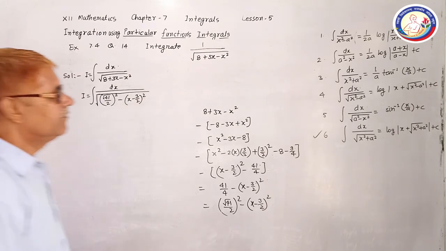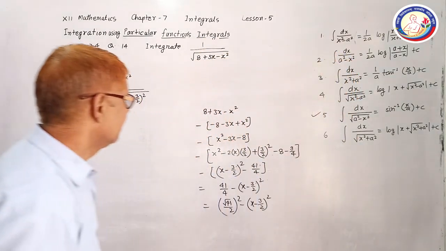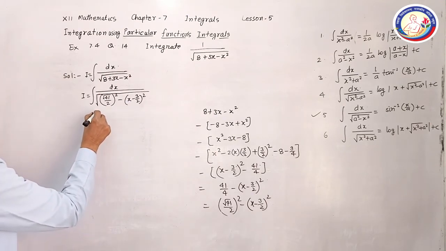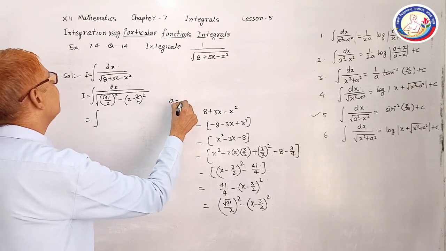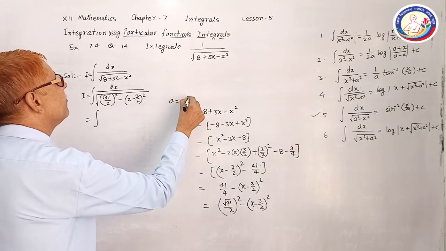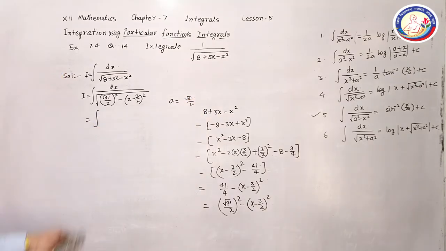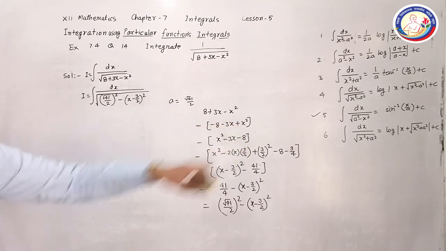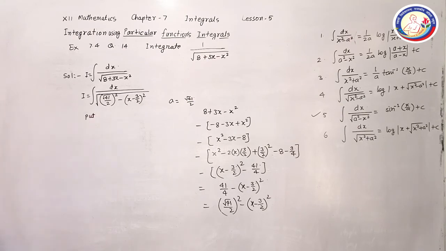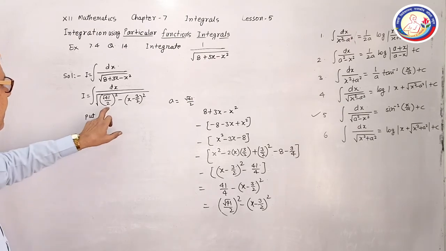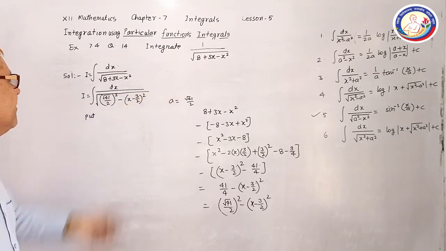Write the formula. The formula applicable here is this fifth formula. And here a is equal to what? A is equal to square root of 41 by 2, and put t here, so it will be in the required form. Or we can take 4 common and make it simple.